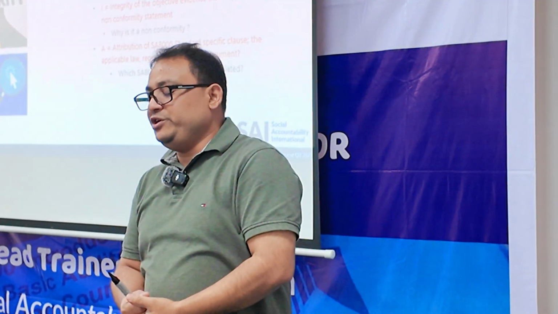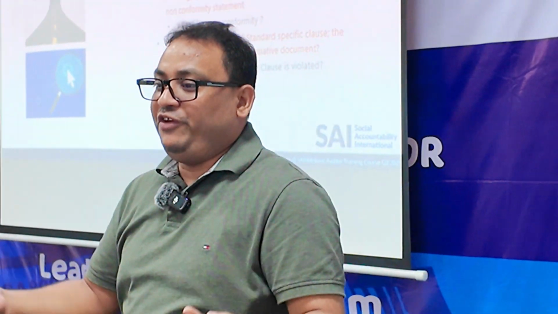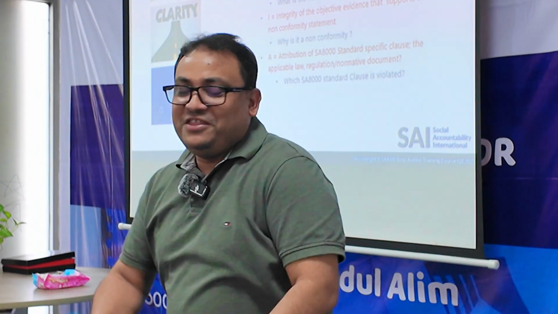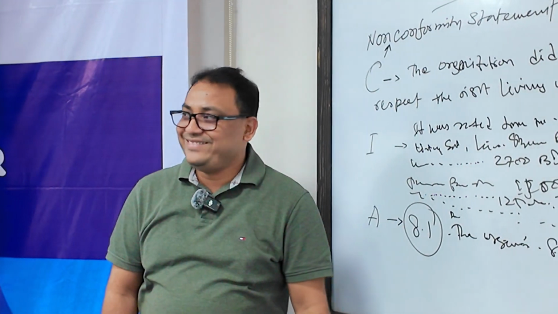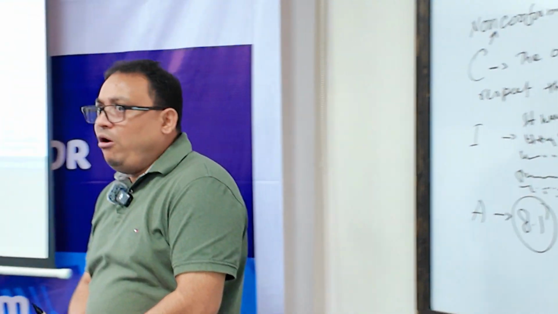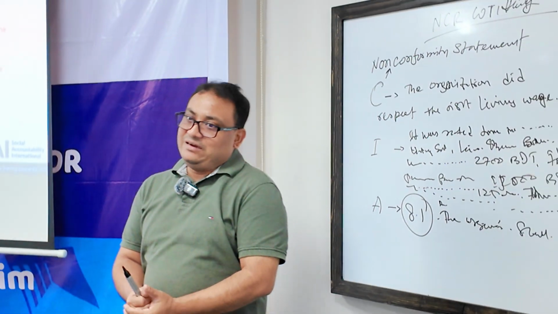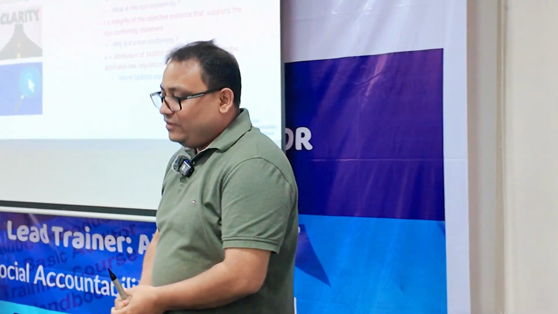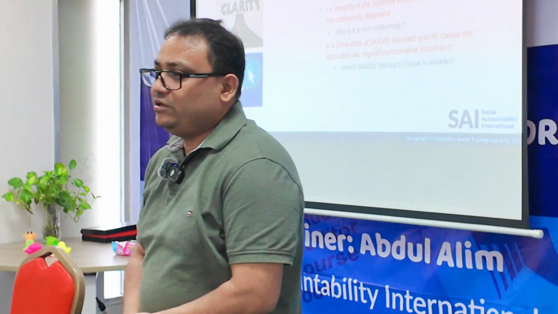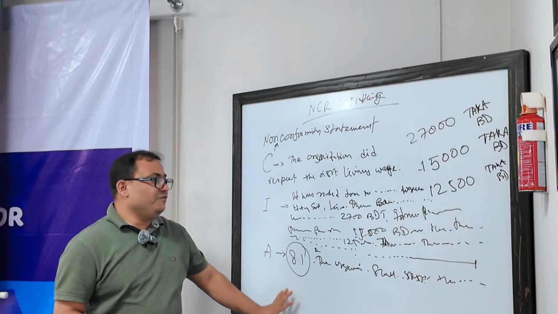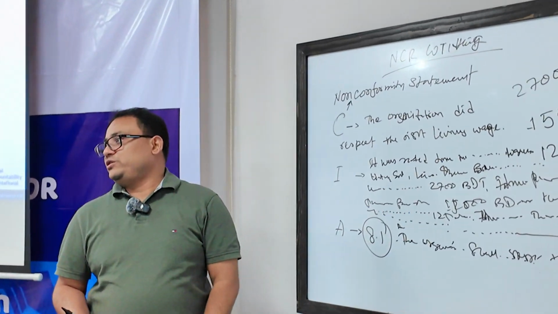But if top management sees, oh, we didn't pay a living wage, they are already aware of the living wage requirement and already aware that we are not giving it, so they do not need to read anymore. Once somebody says, oh no, this should not be, I'm paying, let me see how they got it, then they can read it and confirm whether they are right or not. That's the way we can write a non-conformity report. That's it.